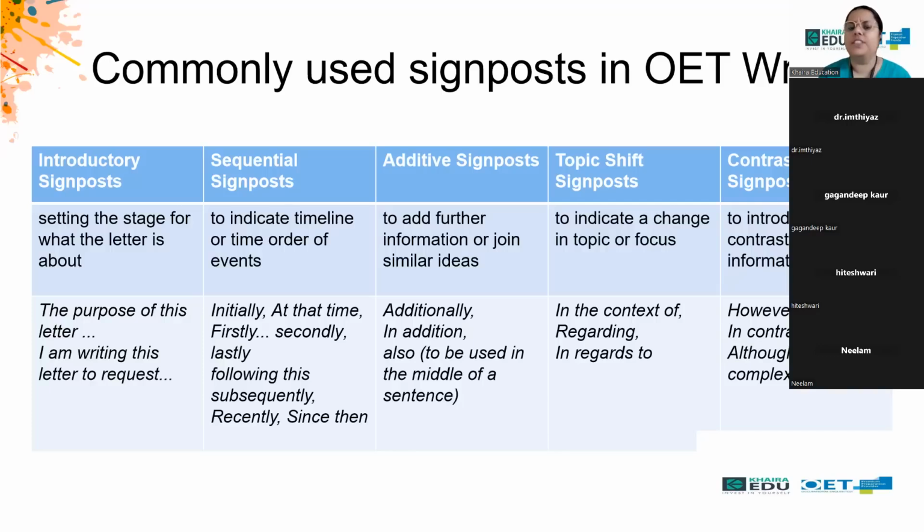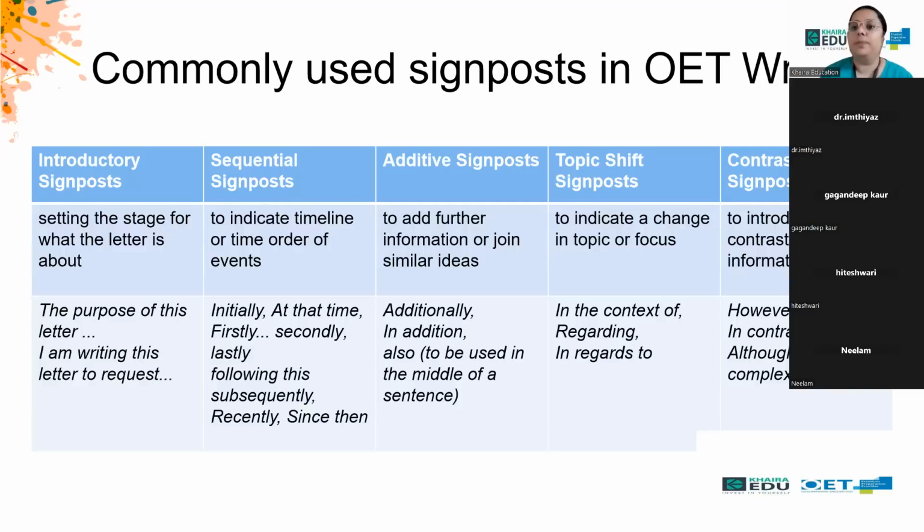So how do we use additive signposts in a letter? Let's take this commencement of medication. So let's say if you're talking about the treatment that was provided to the patient in the hospital, and you want to talk about medications as well as other treatment options that were provided. So you could very easily write, she was commenced on antibiotics and analgesics. So in one sentence, you're writing about the medication and you want to give further information about the treatment.